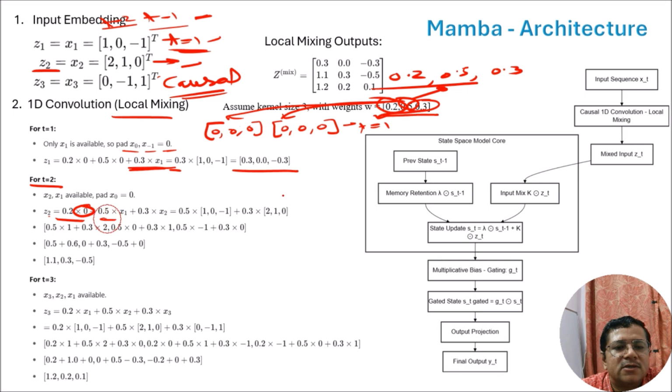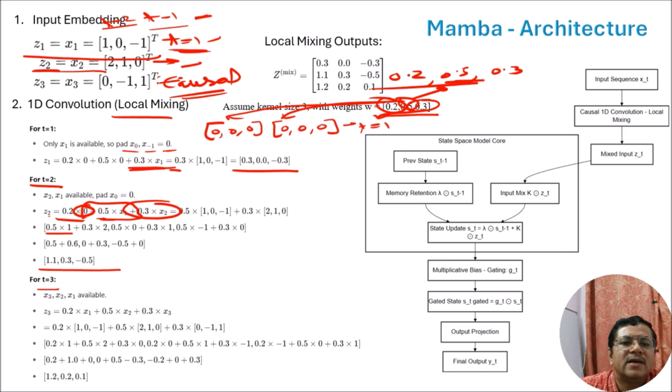Here you can see 0.5. We multiply this with this part, and this part with x2 at t equal to 1. So we can easily get this value. Similarly for t3, if we are here, then we already have t minus 1 and t minus 2. So we do that multiplication, and finally we get this matrix. Now we have completed this page.